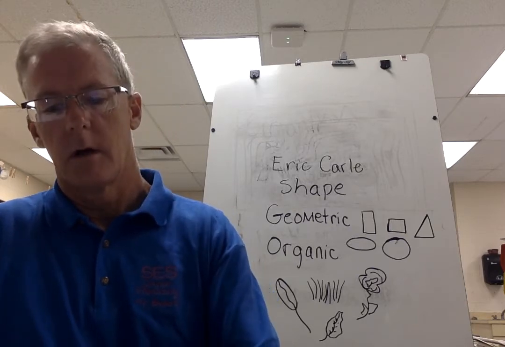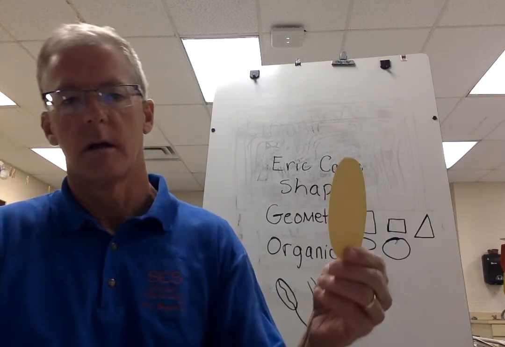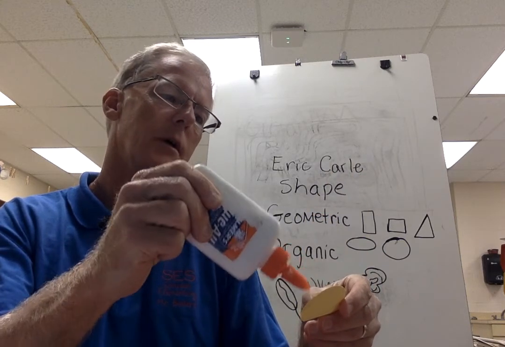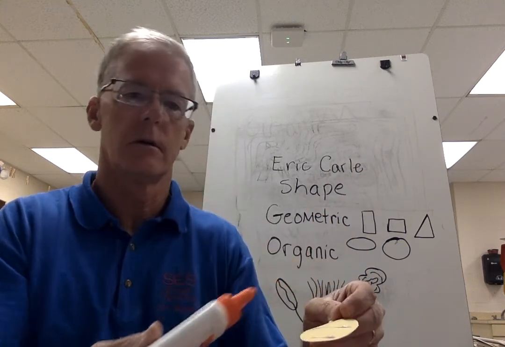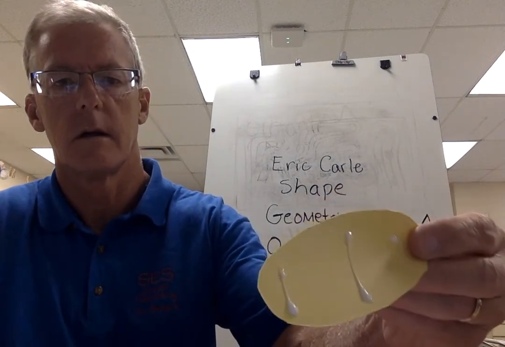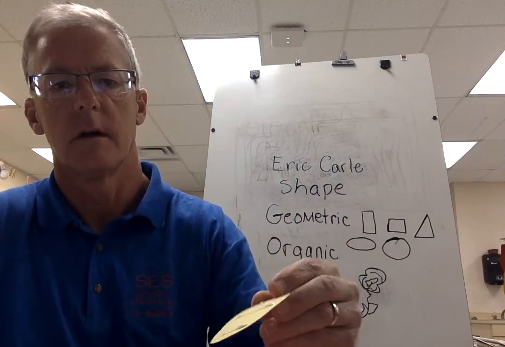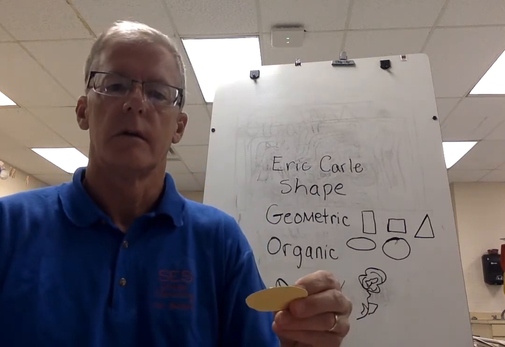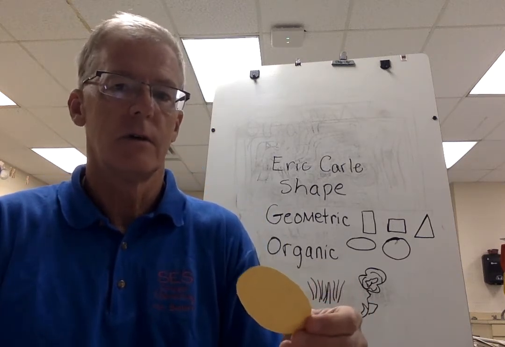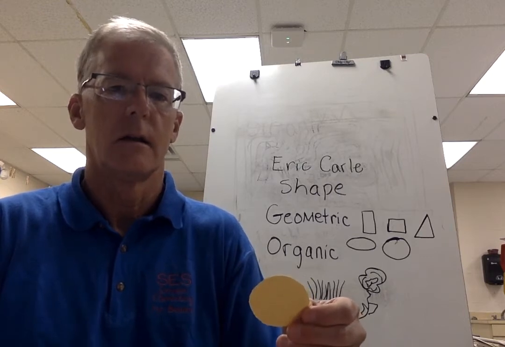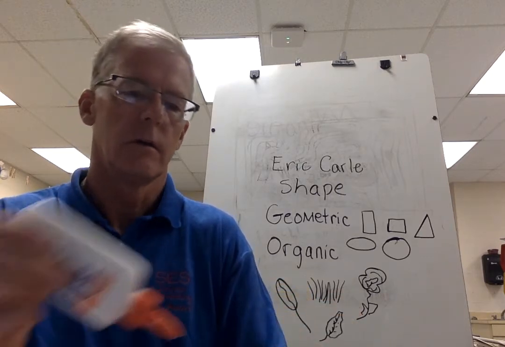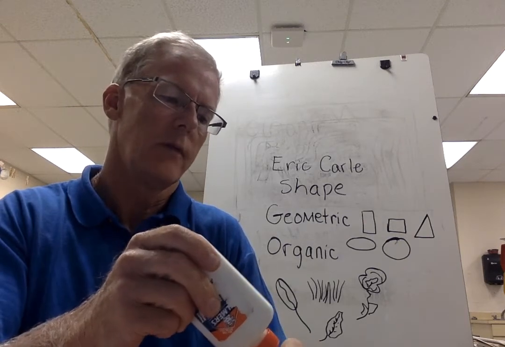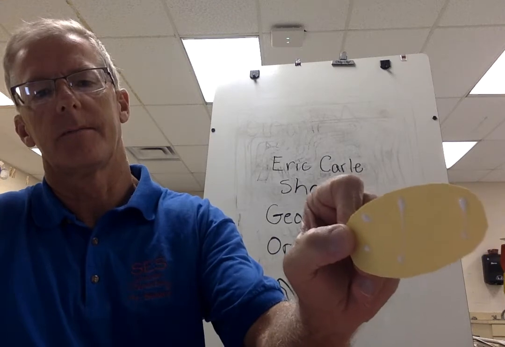So here's what I'm going to do. I'm going to take my oval. I'm going to put a couple of dots of glue. Hope you can see that. A couple little dots. One of the signs I have in my room is dots of glue, not lots of glue. So we don't want to just pour on the glue. We just need a couple of little dots.